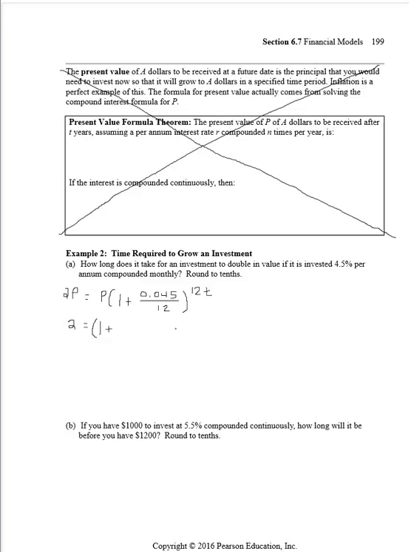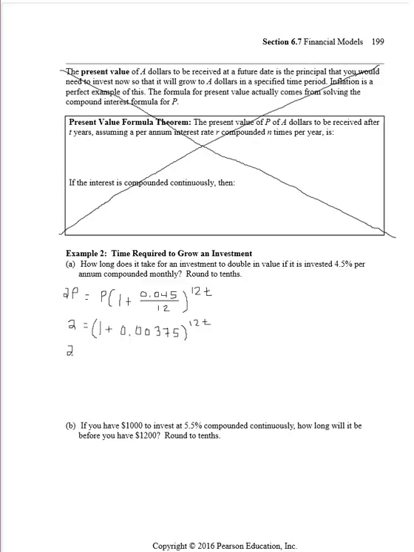let's see, 0.045 divided by 12, whatever that is. That is 0.00375 to the 12t.